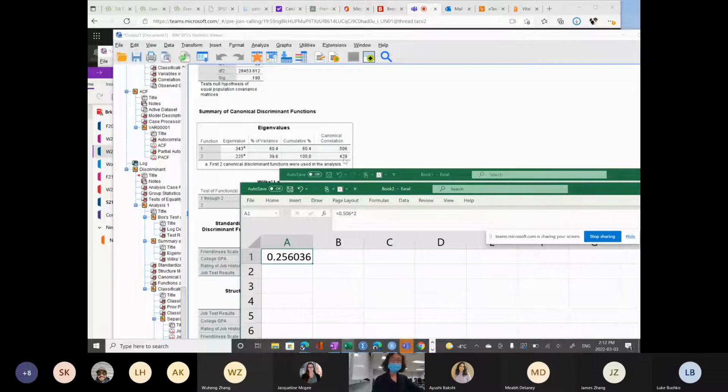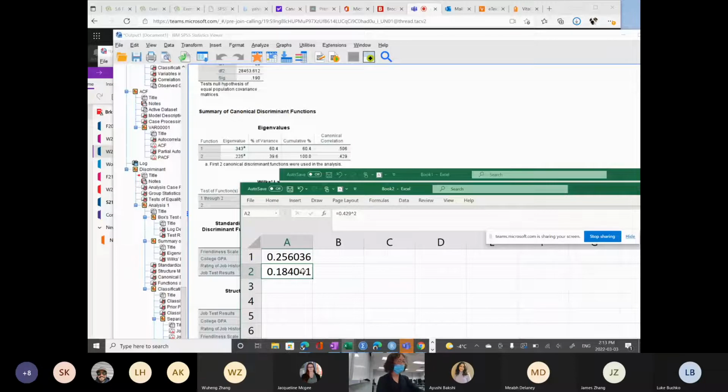The second canonical correlation is 0.429. If I square it, I get 18%. What does 18% mean? It means 18% of the variability of the scores for the second discriminant function is accounted for by the differences among the three groups.